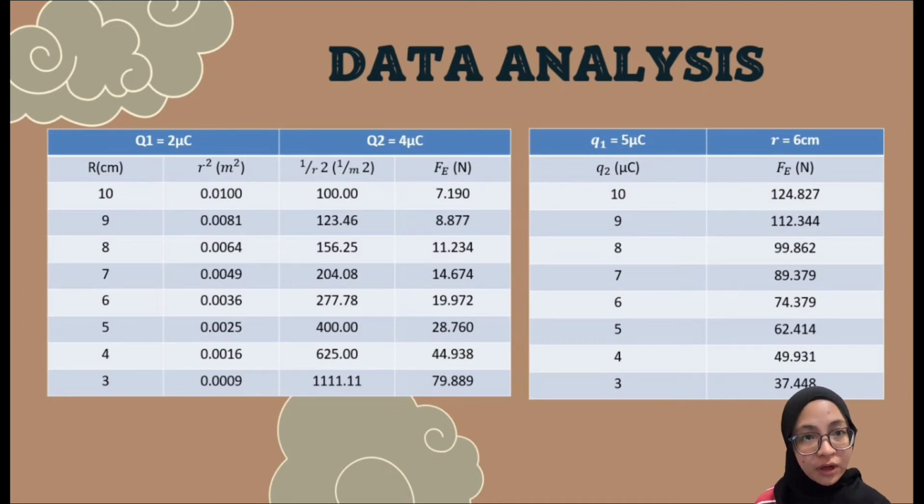So the electrical force that we get in table 1 increases as the distance increases. For table 2, we can see that the charge Q at point 2 is different and the distance is constant, which is 6 cm, and the electrical force we get decreases.